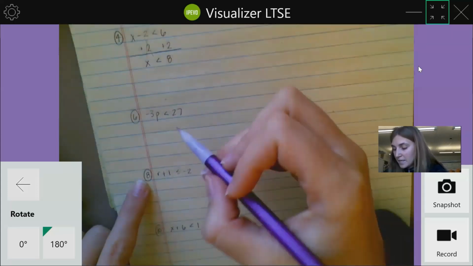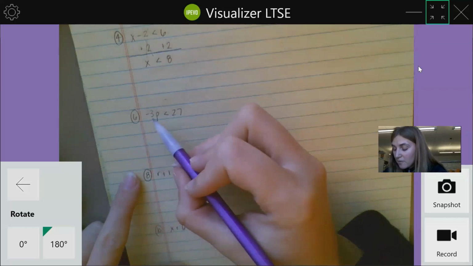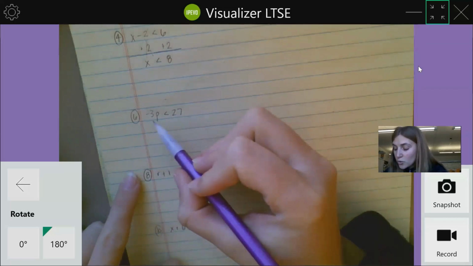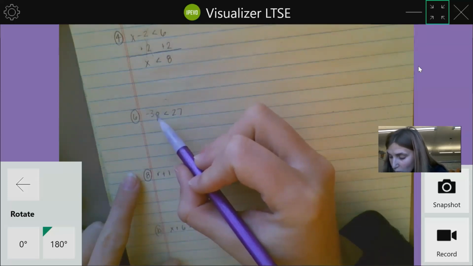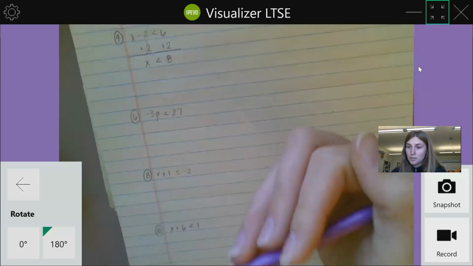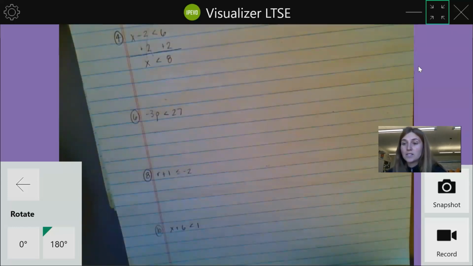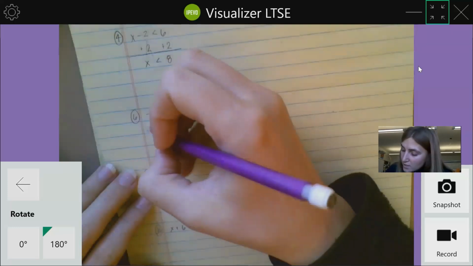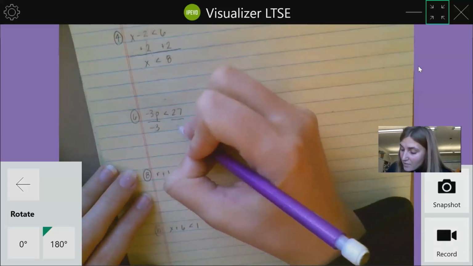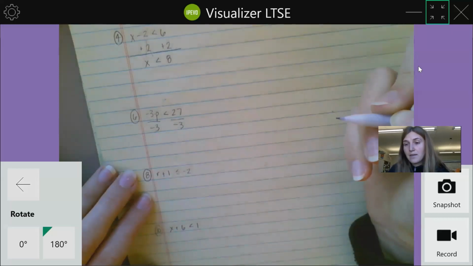All right, let's see. So number 6, negative 3p is less than 27. Since there's multiplication going on between that negative 3 and the p, I need to undo that multiplication, which means I need to use division. I need to divide by negative 3. So if I divide this side by negative 3, that means I have to divide the other side by negative 3.